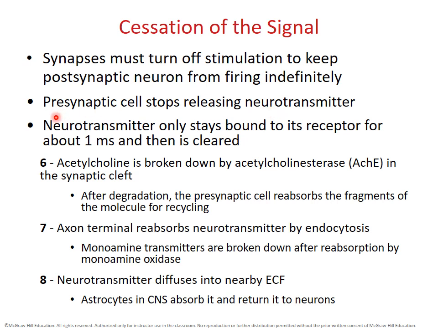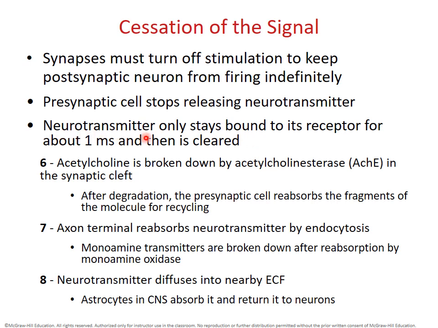But remember, there's still plenty of neurotransmitter molecules floating around in the synaptic cleft that are capable of continuing to stimulate or bind to the receptors. So how do we deal with that lingering neurotransmitter that's still in the cleft?